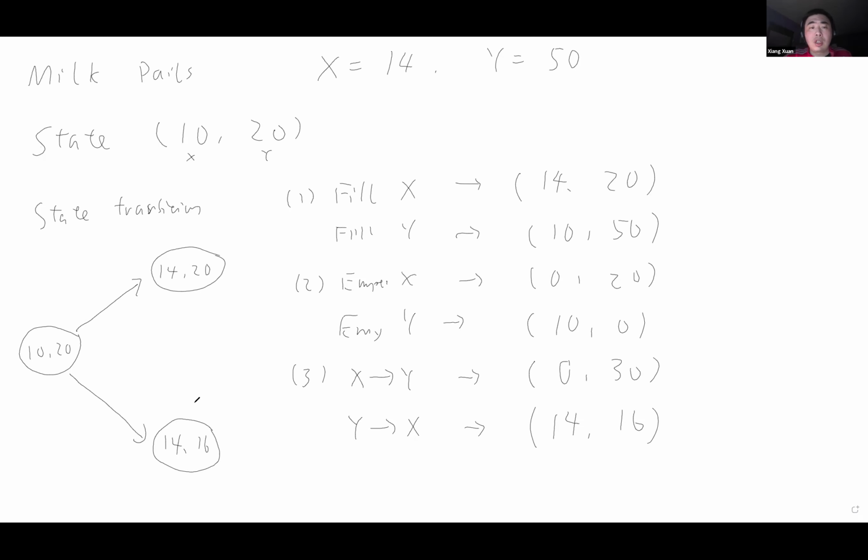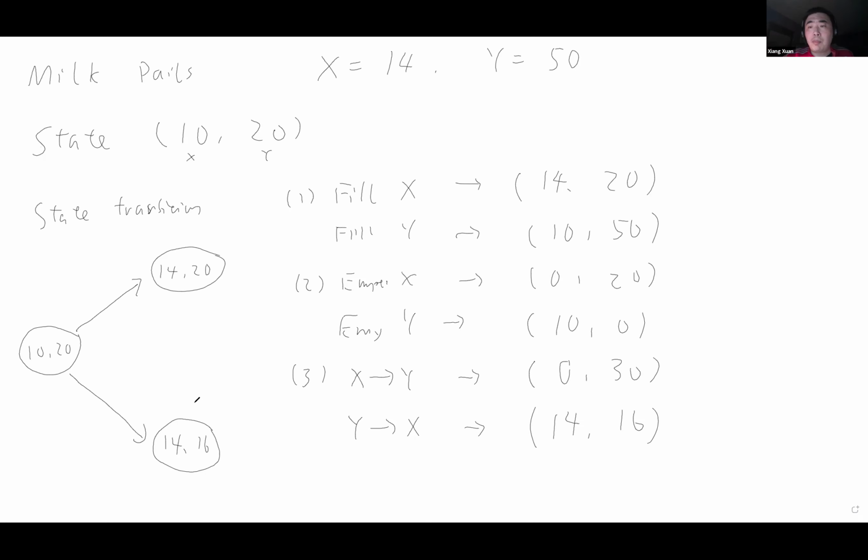So in this case, you don't need to explicitly list out all the nodes. You don't even need to explicitly list out all the edges. I think the states we probably need to list, but the edges you don't need to list, because edges are implicitly defined by the transition.